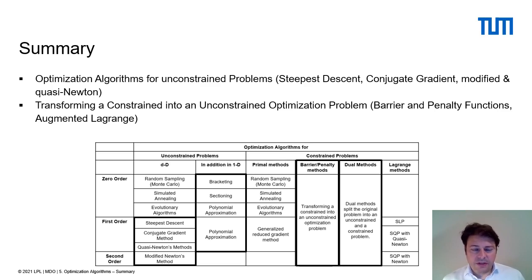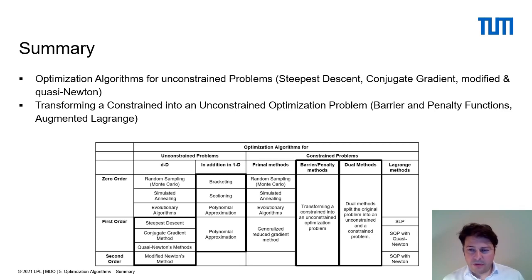And then we talked about methods to do the line search, and those were zeroth order methods, bracketing, sectioning, and polynomial approximation, and also a variation of the polynomial approximation that uses gradient information, if available. And then finally we talked about the treatment of constraint problems using barrier and penalty methods, where you apply algorithms for unconstrained problems to an objective function that was augmented by a penalty or barrier term.